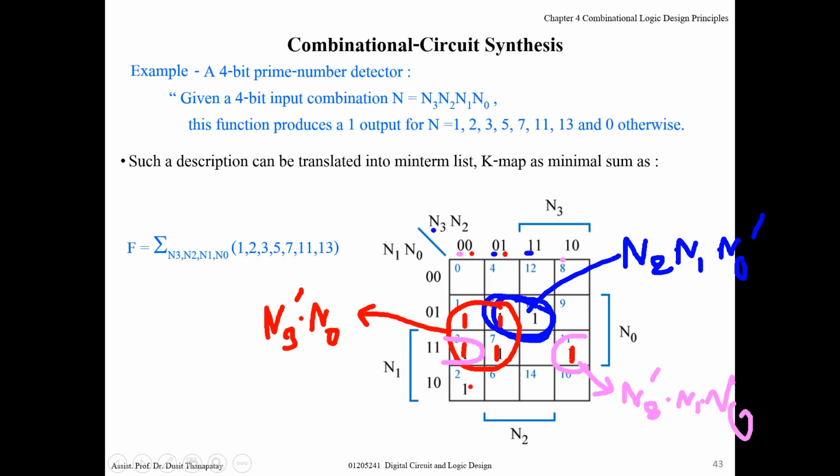And the last one, this one, you can group these 2 cells together. For these 2 cells, N3, N2 is 0, 0, so it's N3 prime, N2 prime, and N1 is 1, so N1. N0 is 1 here, 0 here, so it disappears. After that, you just sum these 4 product terms together. You will obtain the function in minimal sum form.